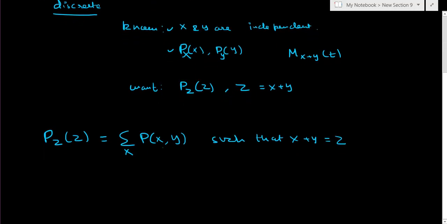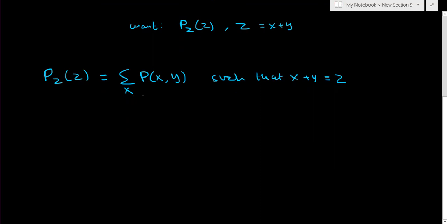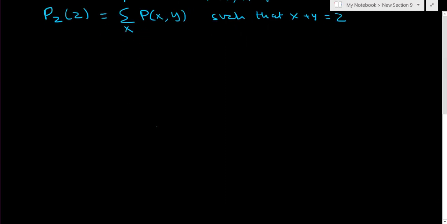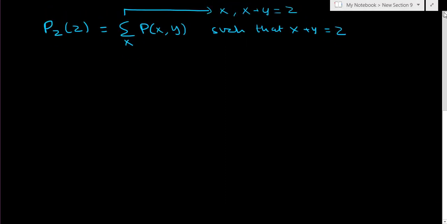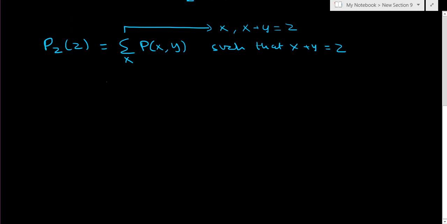It would be the combined function of the probabilities of x and y, and it would be added over all the possible values of x, all the values of x, such that x plus y is equal to z. Okay, so that is what it would be, right? This is common sense. Now, how do I find this function?